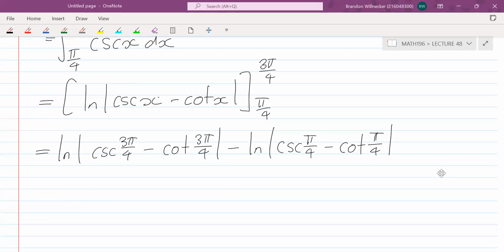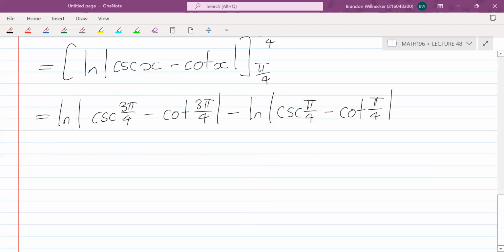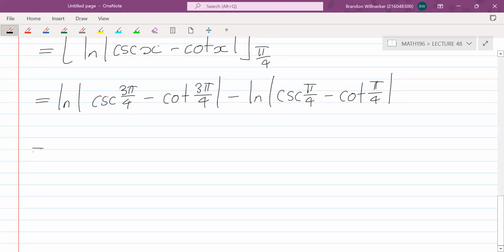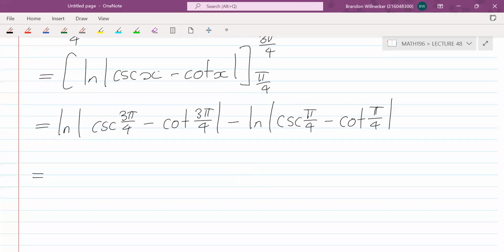Okay, now if the radians, the pi over 4 and the 3 pi over 4 are still bothering you, pi over 4, that's going to be 45 degrees.